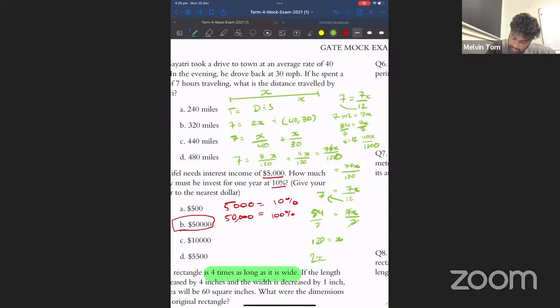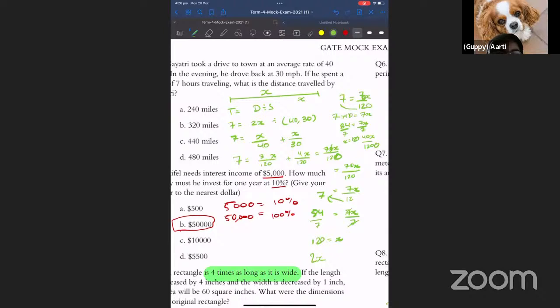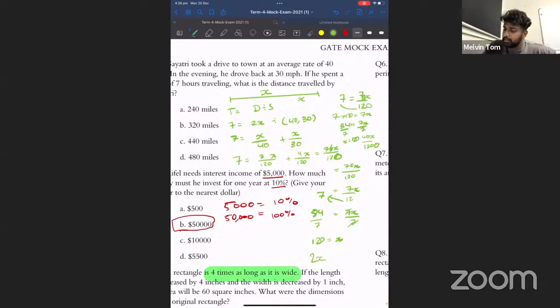And this should be 120. So x is equal to 120. Yeah, I got that right. 2x is equal to?